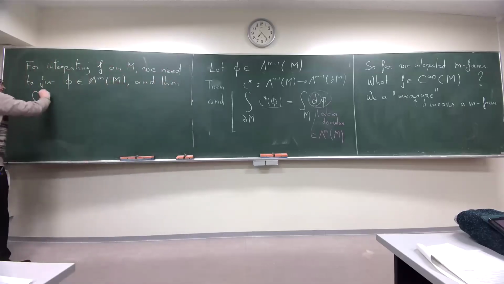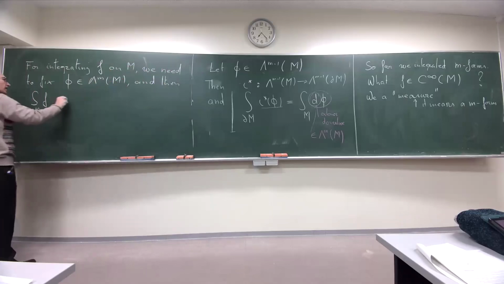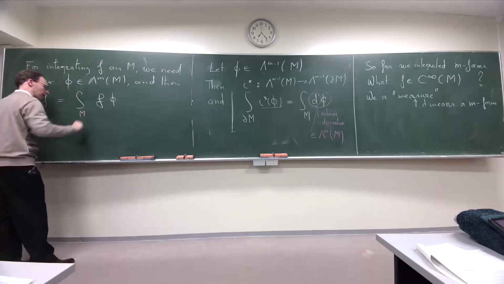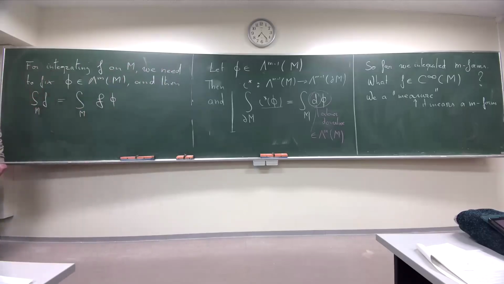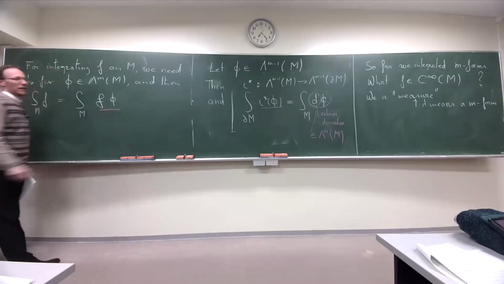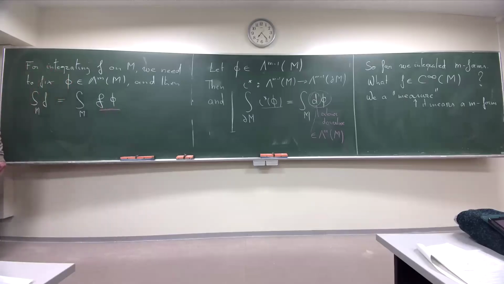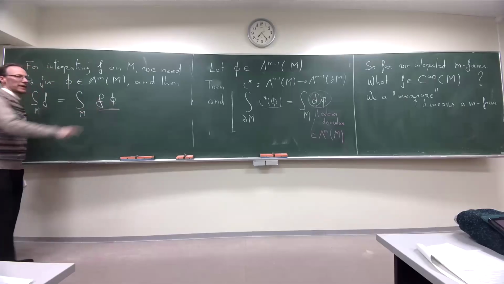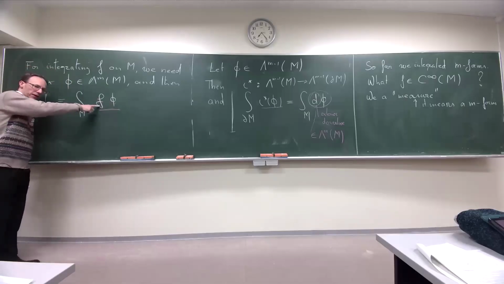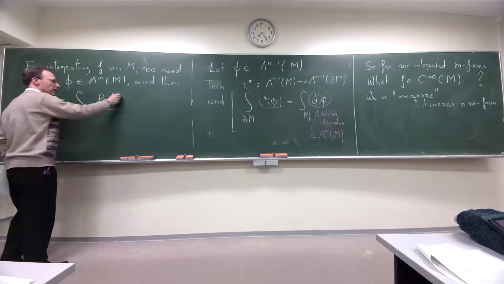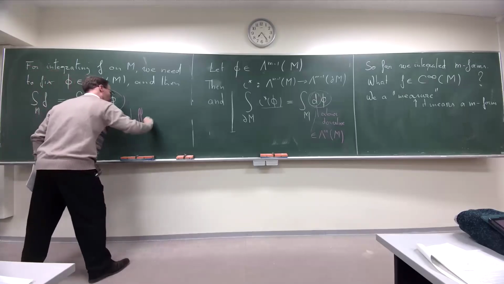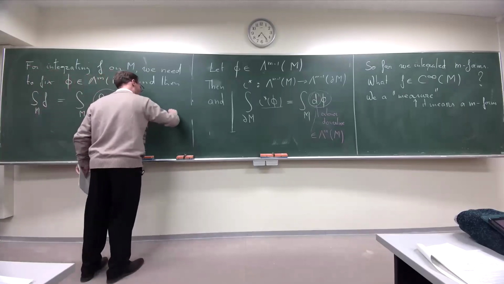The integral of f on M is in fact the integral of f phi on M. Is it well defined to do this? The answer is yes, because you can always take an M form and multiply it by a C infinity function. This is still an M form.